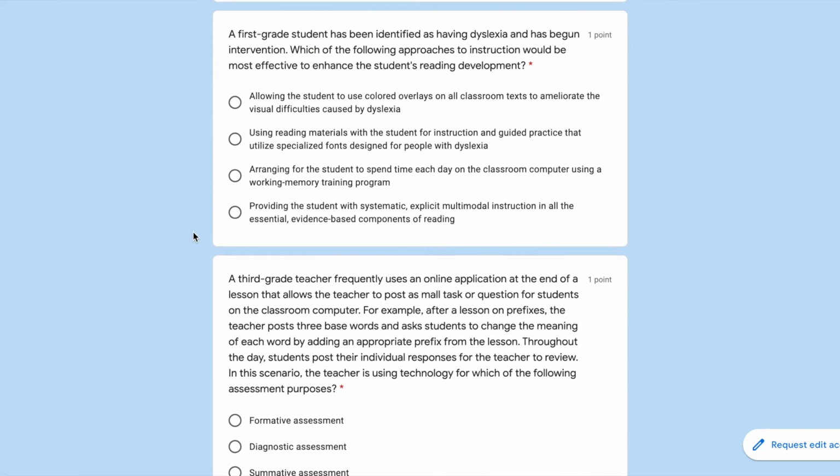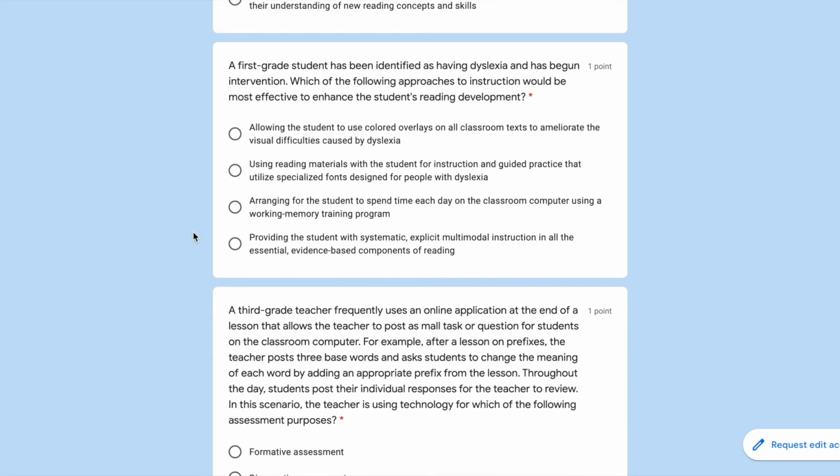Let's keep going. Number 2, a first grade student has been identified as having dyslexia and has begun intervention. Which of the following approaches to instruction would be most effective to enhance the student's reading development?